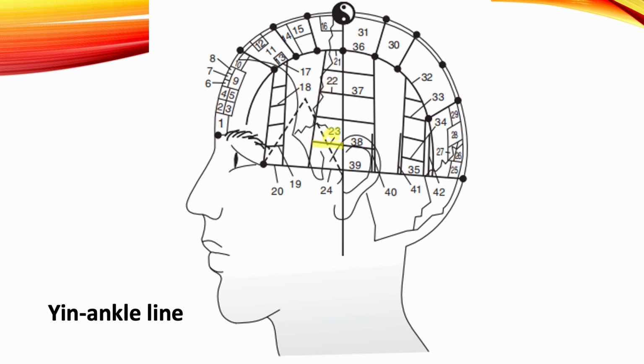In ankle line number 23, the fifth line between the fourth portion and the fifth portion. In toes line number 24, the sixth line on the canthus ear line.